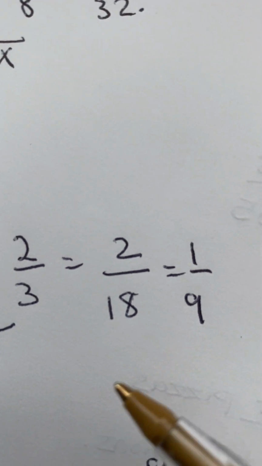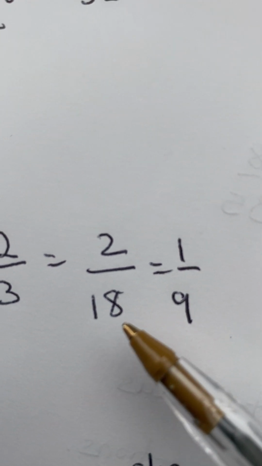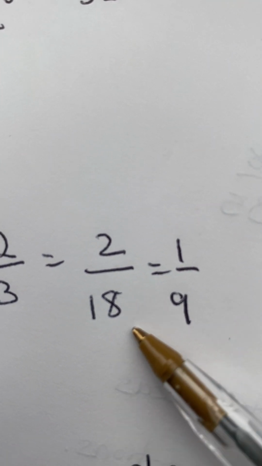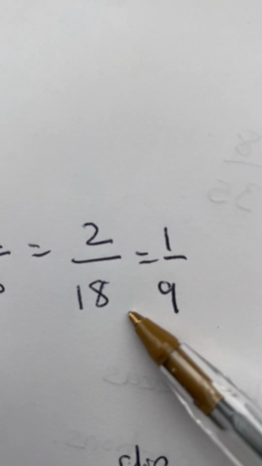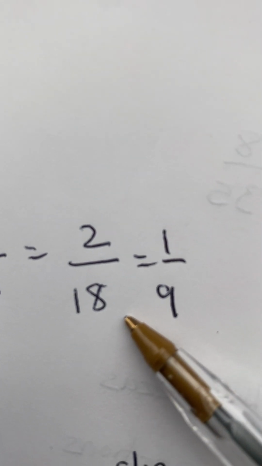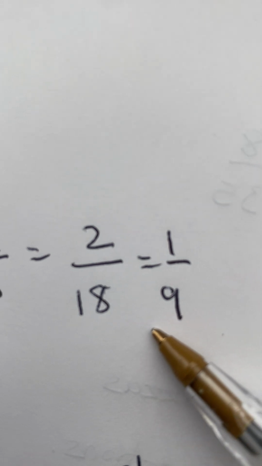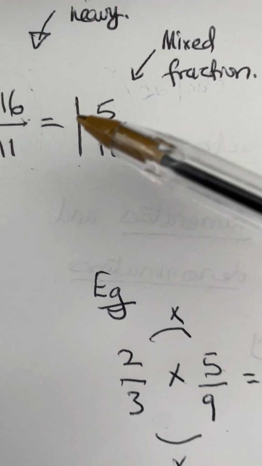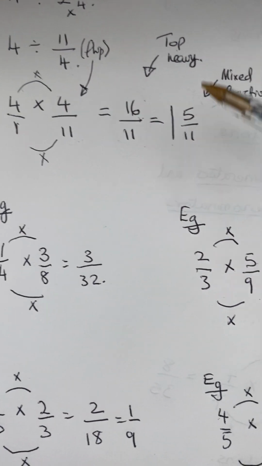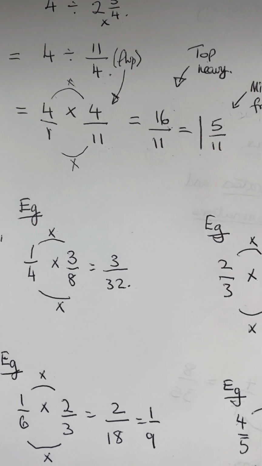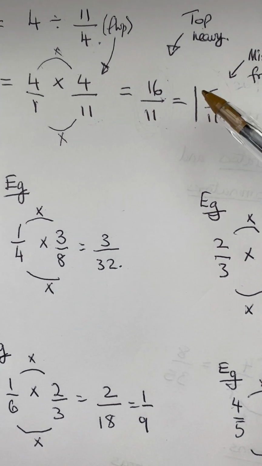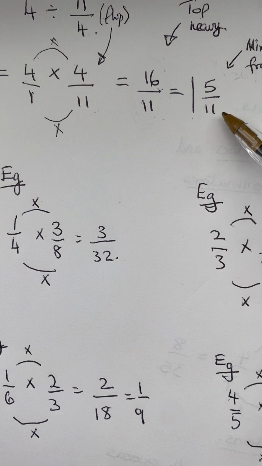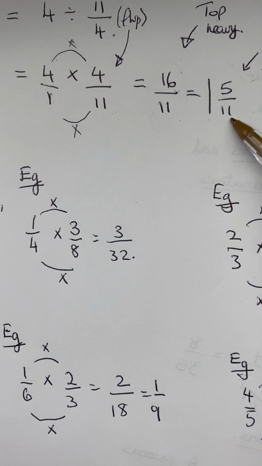If you have a top-heavy number and the question is asking you to leave it as that, you leave it as that. Or if they ask you to leave it as a mixed fraction, then you go further and reduce your answer to a mixed fraction.